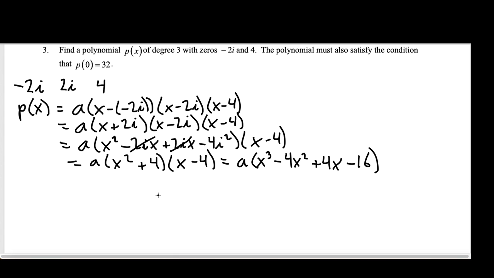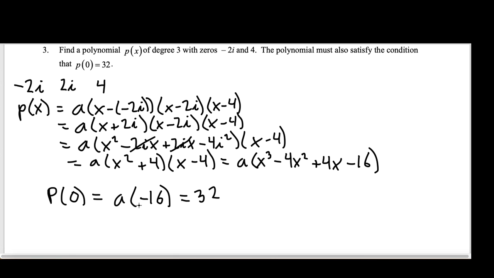And now we can utilize this information, p of 0 equals 32, right? So if I evaluate p of 0, when I replace x with 0, every x gets replaced with 0, right? So what that really means is that every term that involves an x is just going to disappear. So I'm left with a times negative 16 is equal to 32.